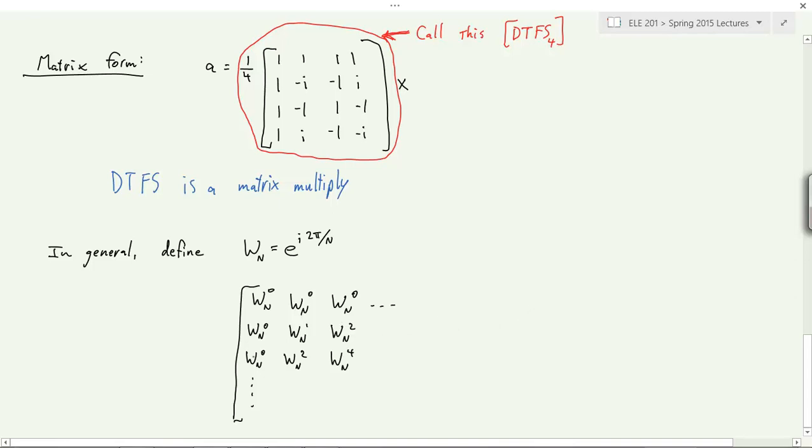All right. And the third row increases by steps of 2 as you move along the row. Fourth row would increase by steps of 3 and so forth. Now, this matrix here is going to be an N by N matrix. So I guess I should put the corner so you know how far we go in each row. Way over here, you go all the way up to W_N to the power of N minus 1. Okay, so it's an N by N matrix.